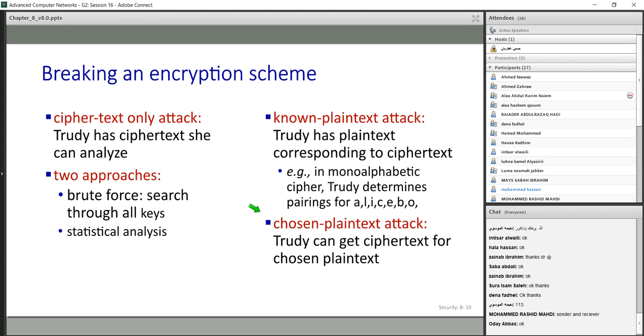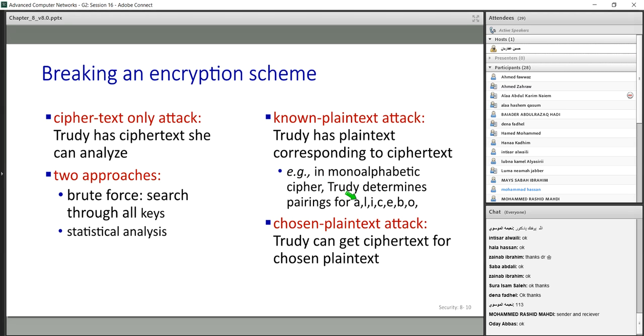We have two different attacks: known plaintext attacks and chosen plaintext attacks. In known plaintext attacks, Trudy has a plaintext. She tries to make a relation, a map, between the text inside the ciphertext and the text in the plaintext.